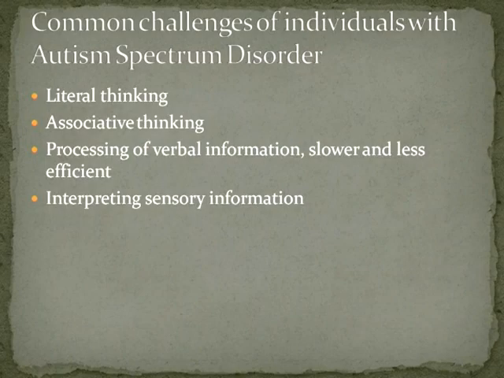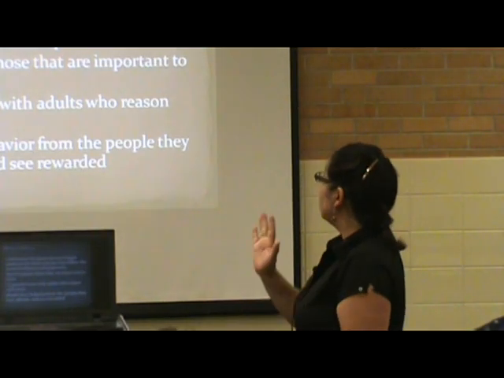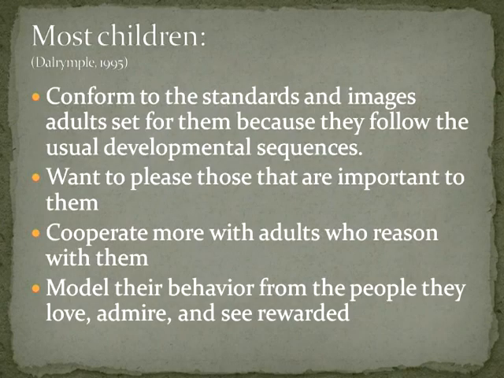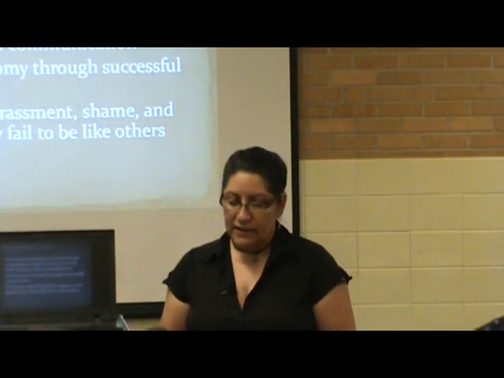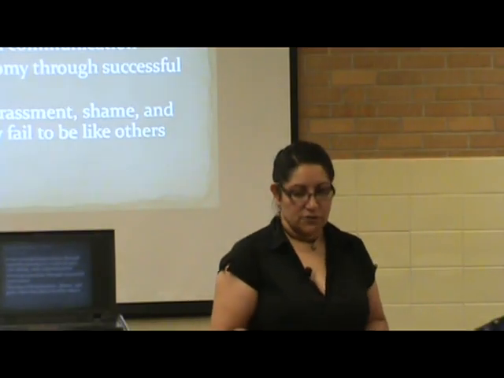Processing of verbal information is slower and less efficient. Interpreting sensory information is also a challenge. Most children conform to the standards and images adults set for them because they follow the usual developmental sequence. There's a wonderful excerpt, and I don't know if you can find it on YouTube or the web anymore.